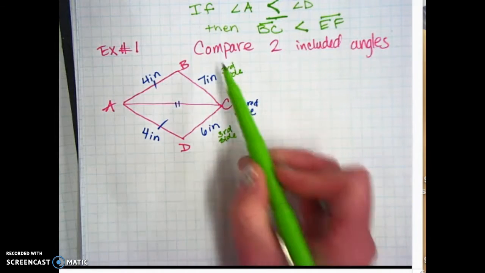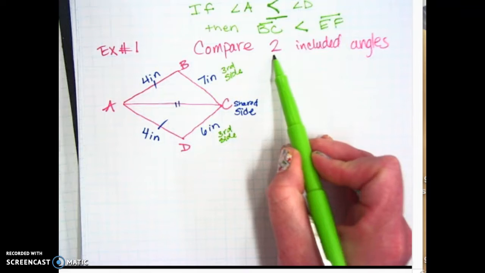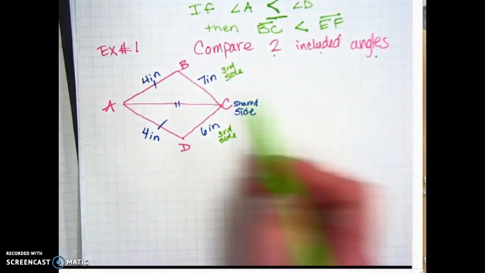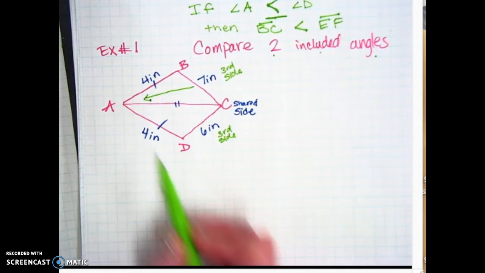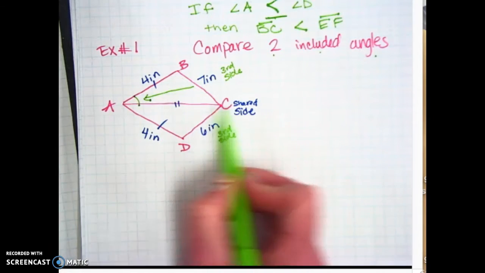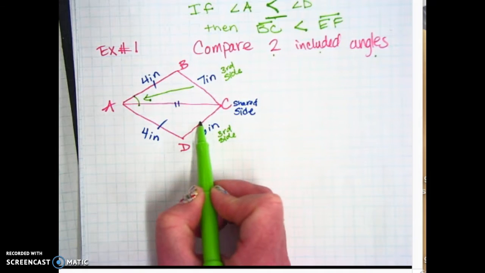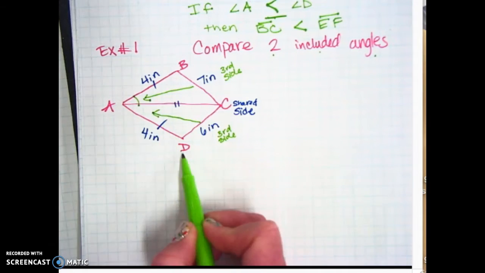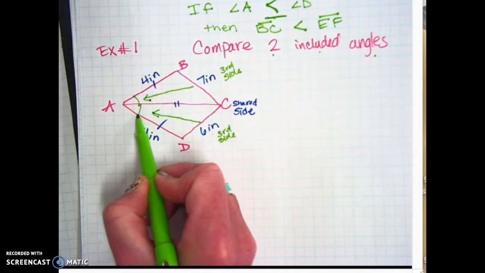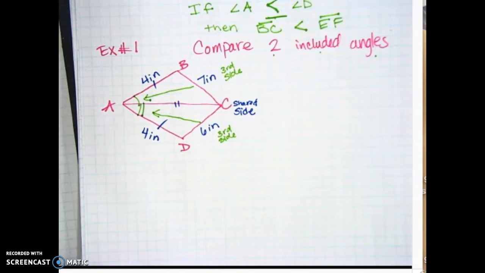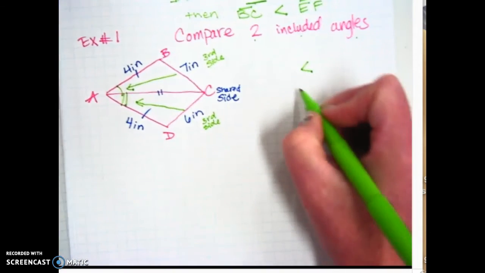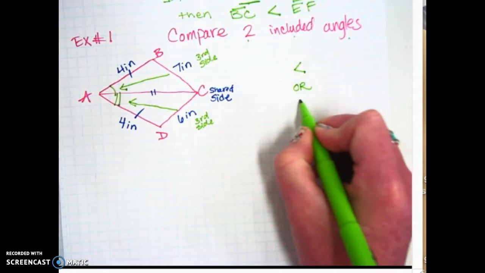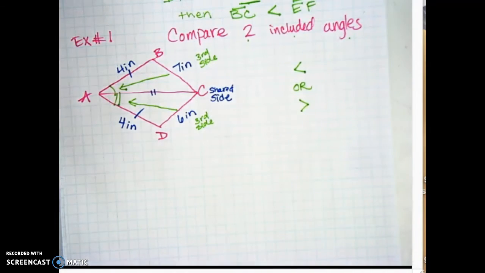So we want to compare the two included angles. The angle opposite the 7 inches right here is angle BAC, and the angle opposite the 6 inches over here is angle DAC. So I'm going to put a double arc on it. We need to use a less than symbol, or technically you could use a greater than symbol.